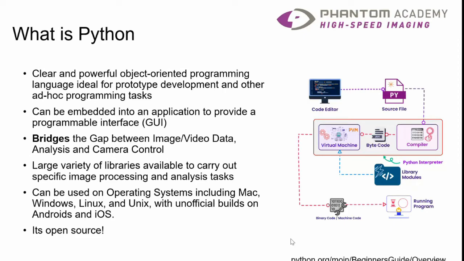Since Python has developed a lot of libraries and packages for image analysis and data and image processing, it is ideal to use it for sensor control, like cameras, and also image and video data processing. Python can work with most operating systems, from Windows to Linux, and it is an open source package.